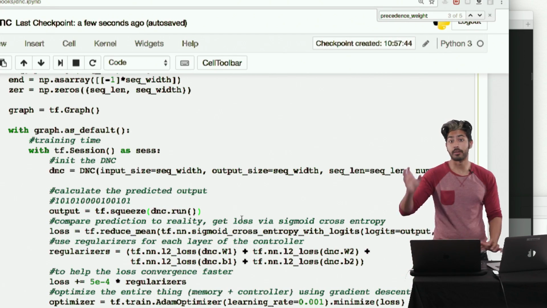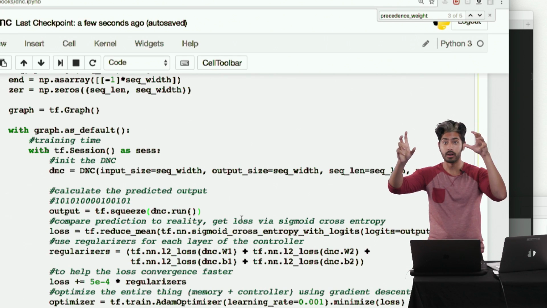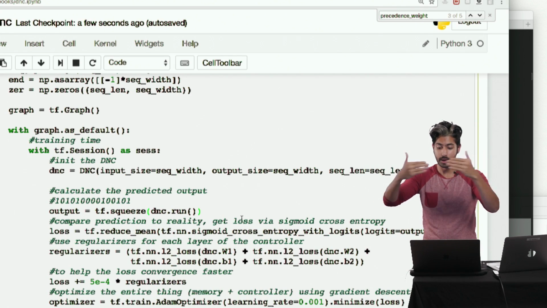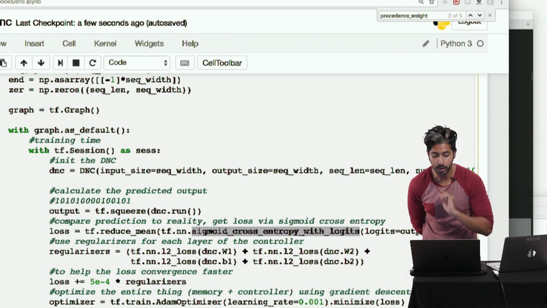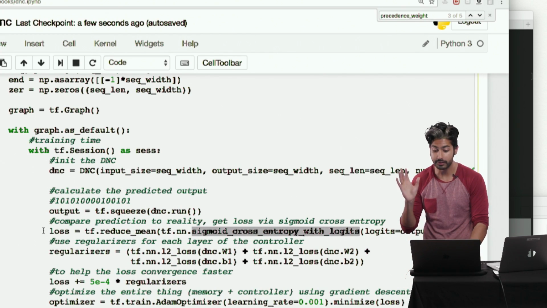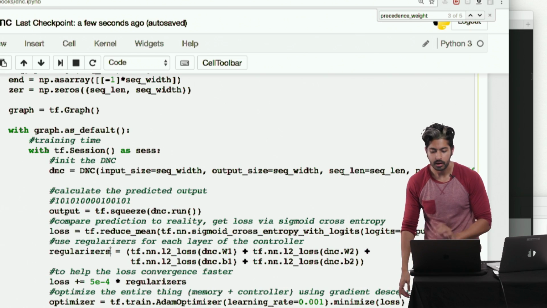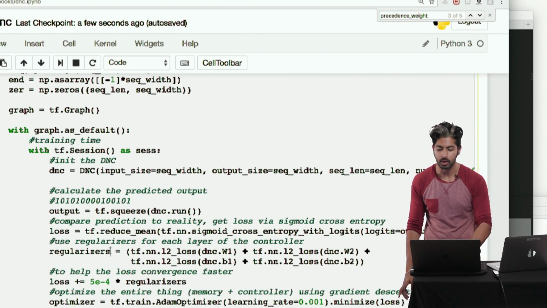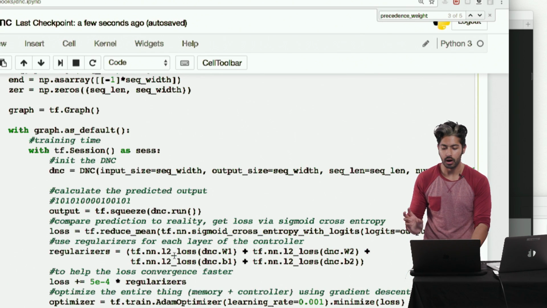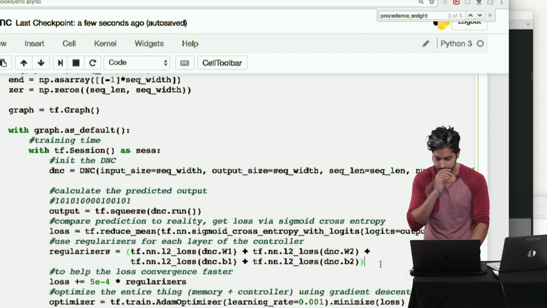And then, once we have our predicted output and we have our expected output, we then want to compute the loss between those, and we'll do that with the sigmoid cross entropy function, and that's going to give us our loss. Then, and this is use case dependent, we don't always have to do this, but we're doing it right now, we're going to regularize each layer of our controller. And what regularization does is it can improve convergence sometimes, okay?